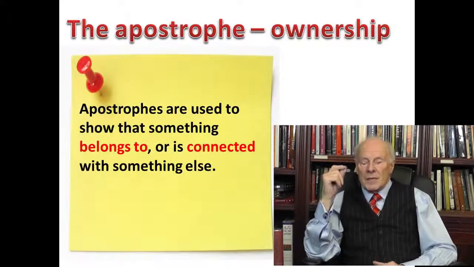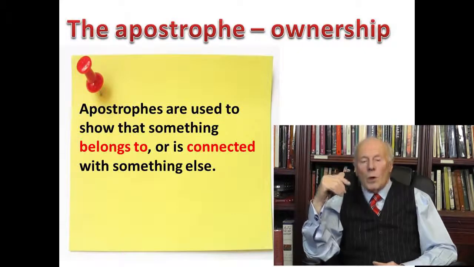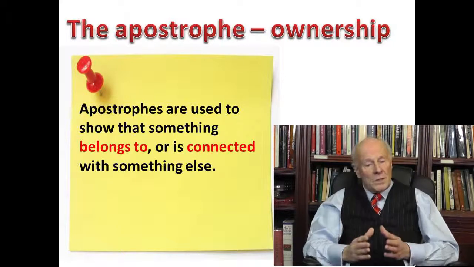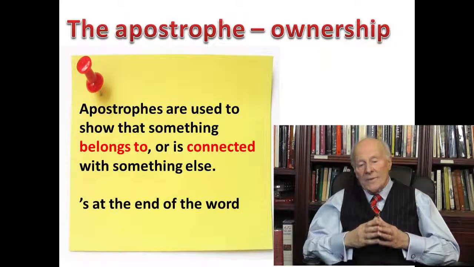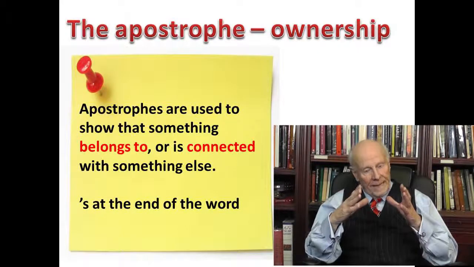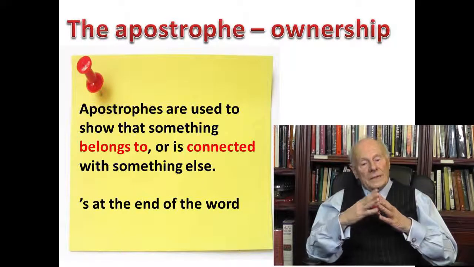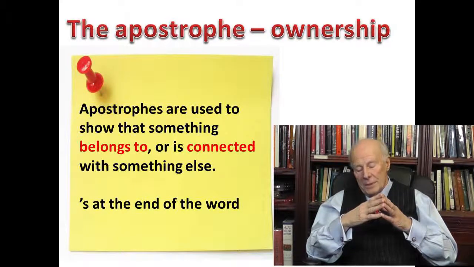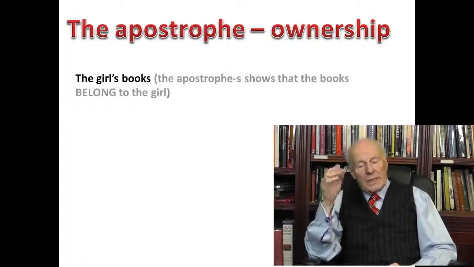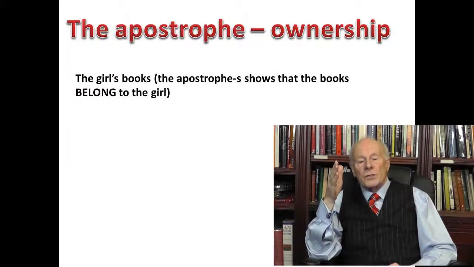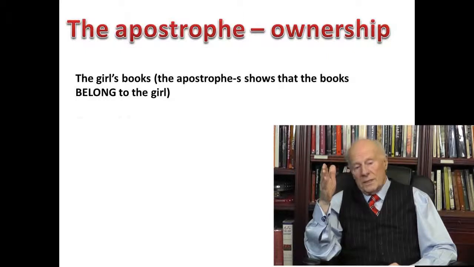Apostrophes are used to show that something belongs to or is connected with something else. We usually do this by adding an apostrophe and the letter S at the end of the word. It's easier to give you some examples than it is to explain. So the girl's books, the apostrophe S shows that the books belong to the girl.